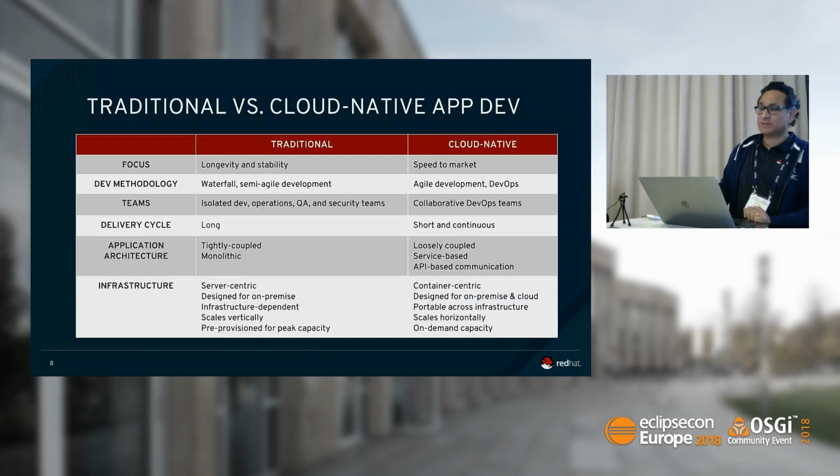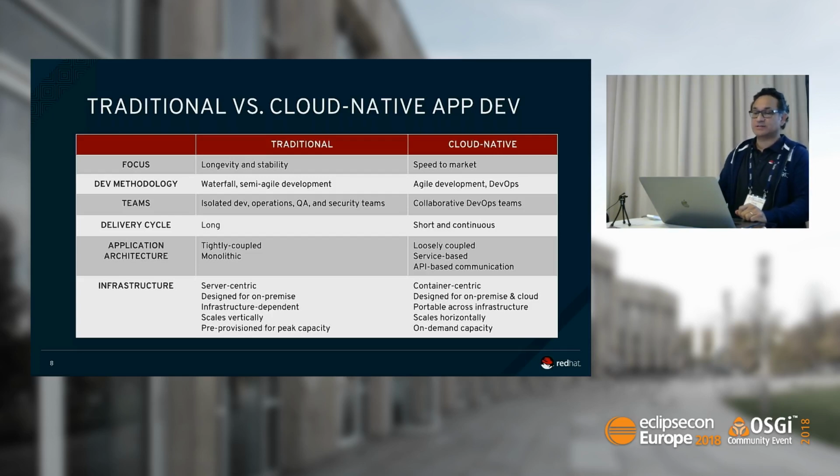So some differences between the way we used to develop code, and many companies still do, and cloud native app dev are listed here on this table. I'll quickly mention a couple. You can read this at your own pace later on. The focus in traditional is longevity and stability, whereas with cloud native it is speed to market. Delivery cycles are long in traditional and short and continuous in cloud native.